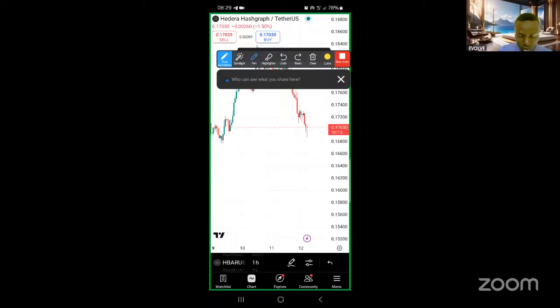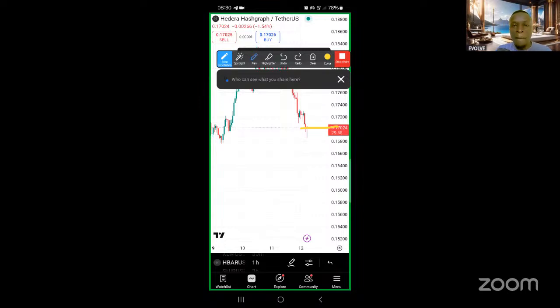Now, for you to draw your support and resistance line, you are going to look back from the current price. Where did the market bounce off? Where did the market change from? Now, support are lines you draw below the current price.